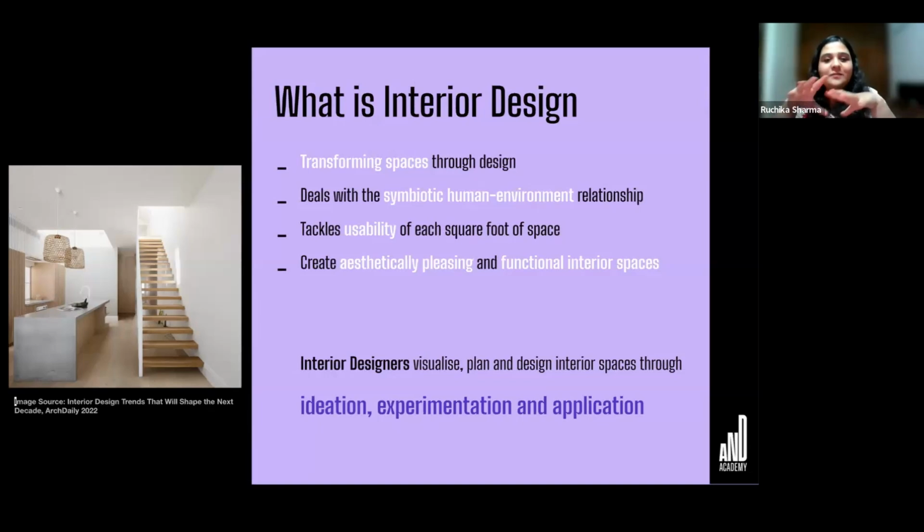We will cover furniture. We will cover fabrics. We will cover everything. Then eventually, when all this comes together, we also have to put them together sensibly, aesthetically, to make functional as well as good-looking interior spaces. So this involves ideation, experimentation, and then application, which goes on and on because it's an iterative process.